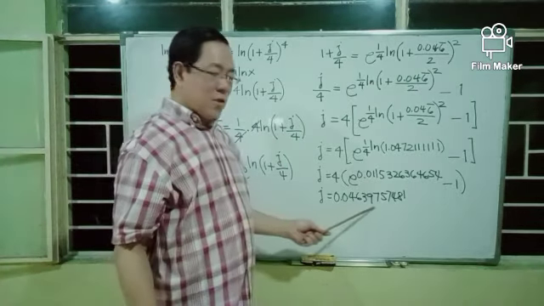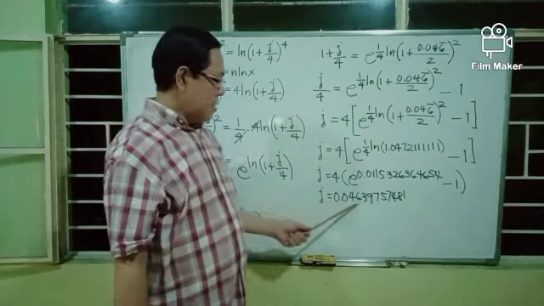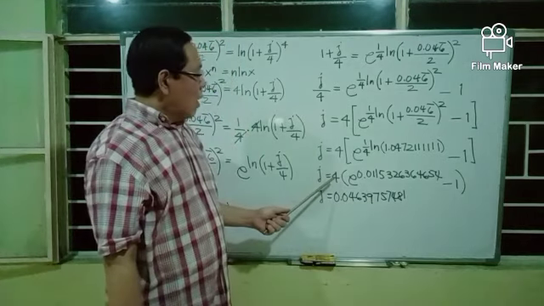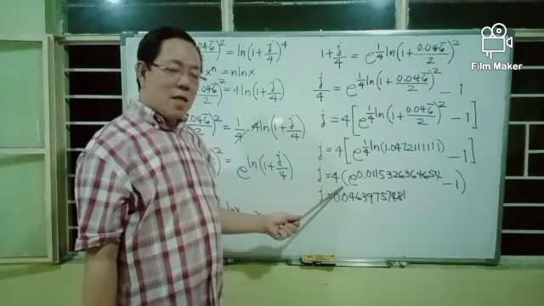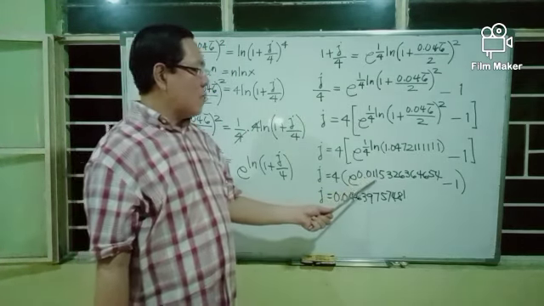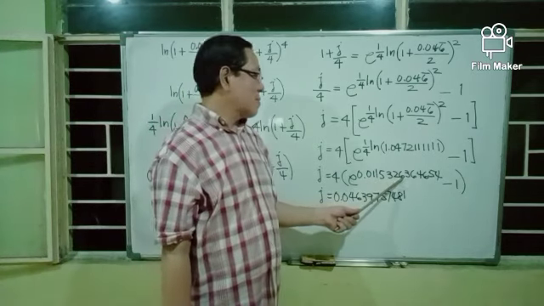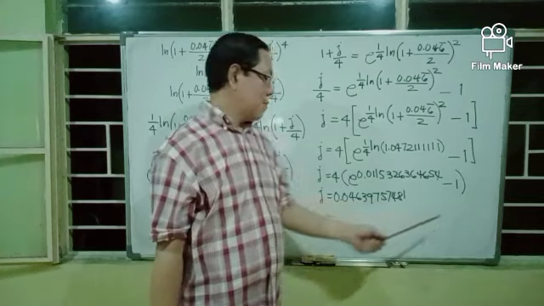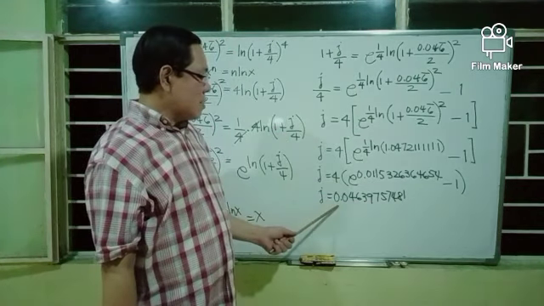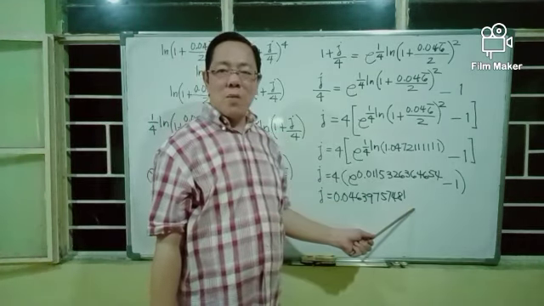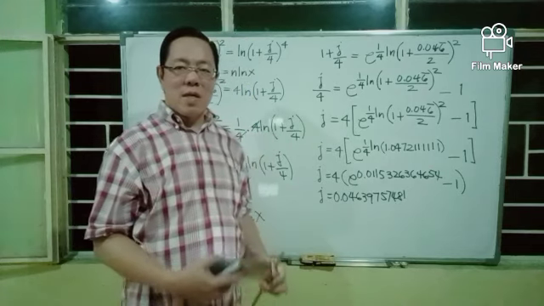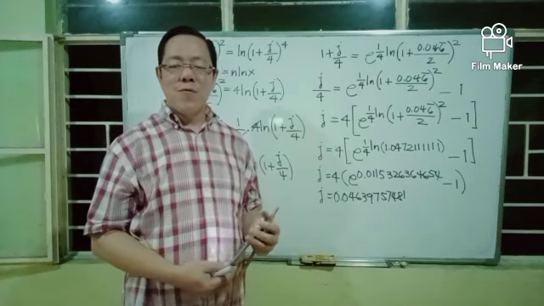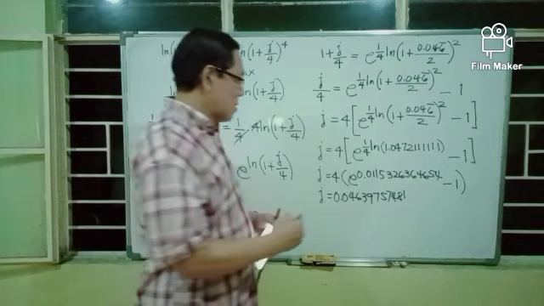This is the answer that you should get. This is the answer for 4 times quantity e raised to 0.0115326 3645654 minus 1. And this is still a decimal number, so multiply this by 100% and then round it off to 2 decimal places.